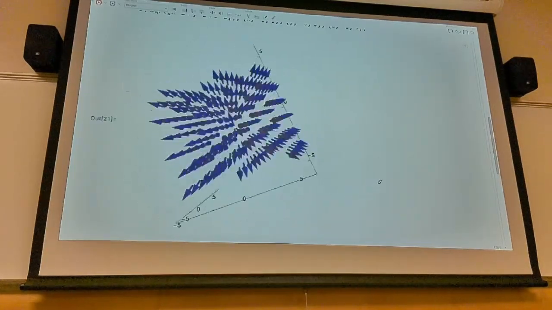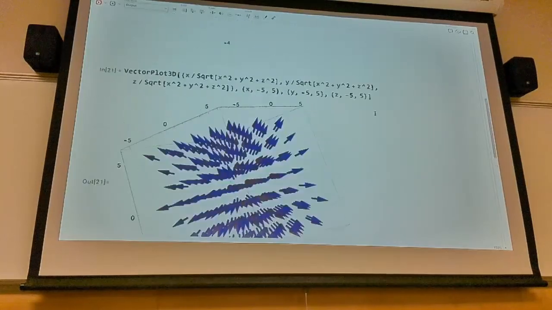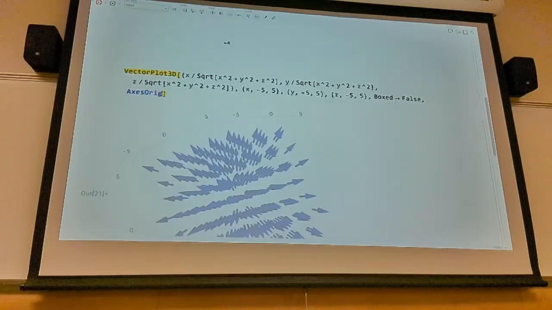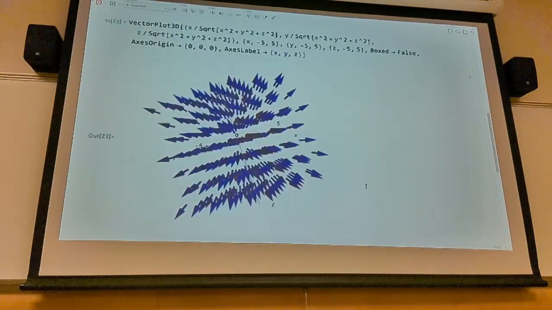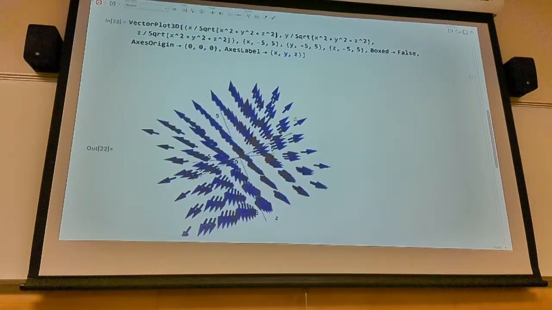View it, turn it. Just like everything with 3D, I'm going to label the axes. And you can probably see why this is called a radial field.